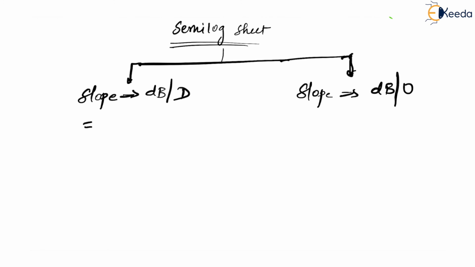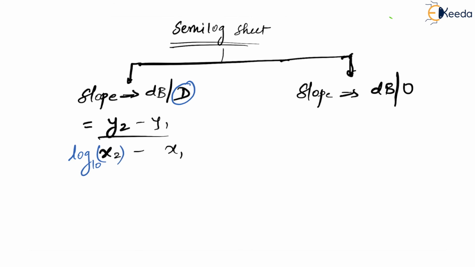In the first one, I can show this slope as y2 minus y1 upon x2 minus x1. Is it right? No. Why? Because it is with decade. So since it is in decade, I have to write log to the base 10 of x2 and log to the base 10 of x1.